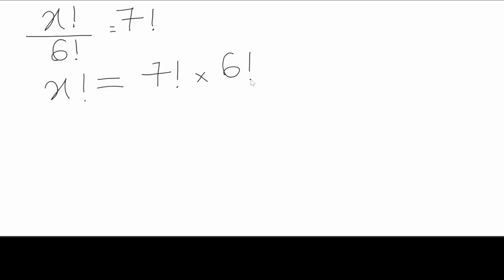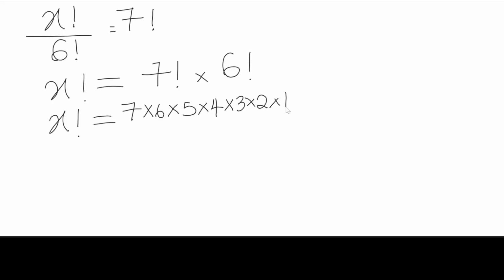Then we are going to be expanding both 7 factorial and 6 factorial. So x factorial equals, let me expand, 7 times 6 times 5 times 4 times 3 times 2, then times 1.